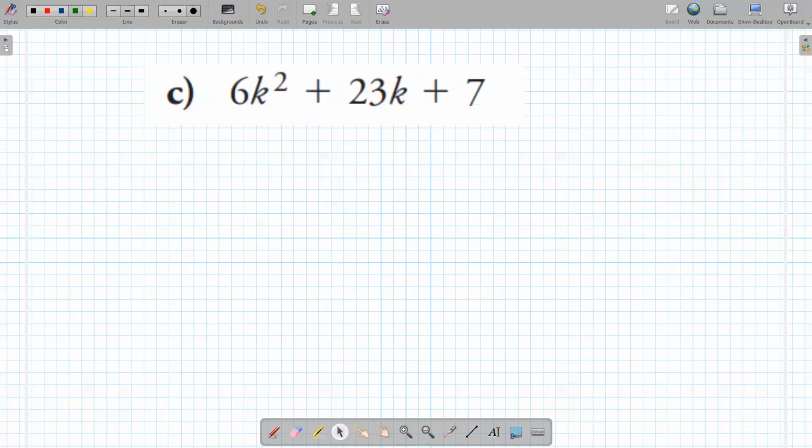So we know it multiplies to what? 42. It adds up to 23. What are the numbers?